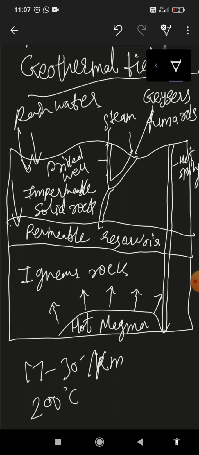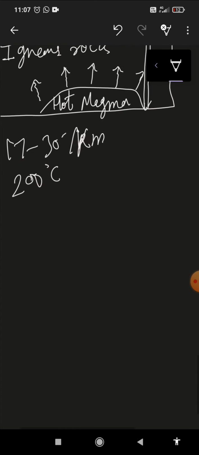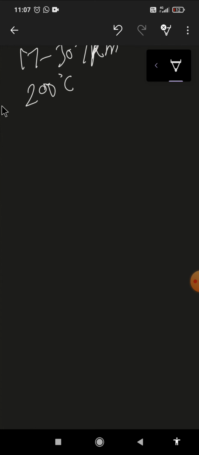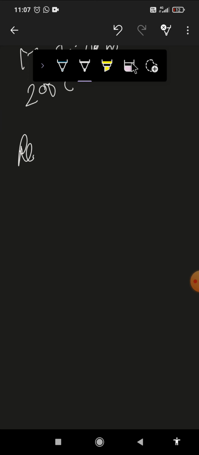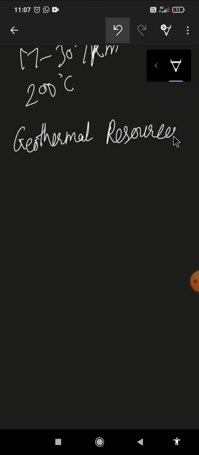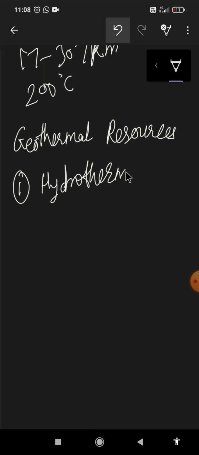Now we will see the types of geothermal resources. The geothermal resources are classified as: first, hydrothermal, that is the hydrothermal geothermal resource.